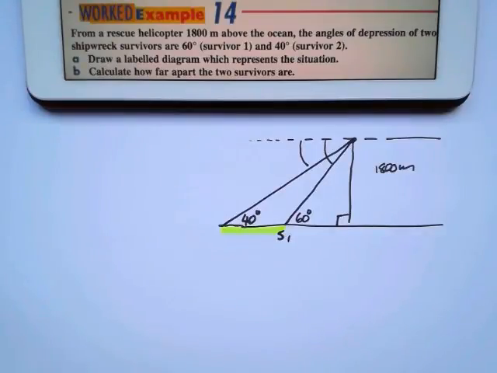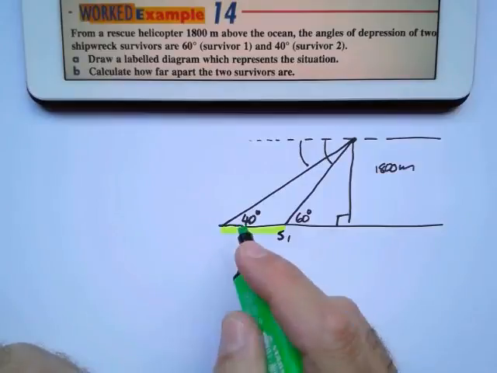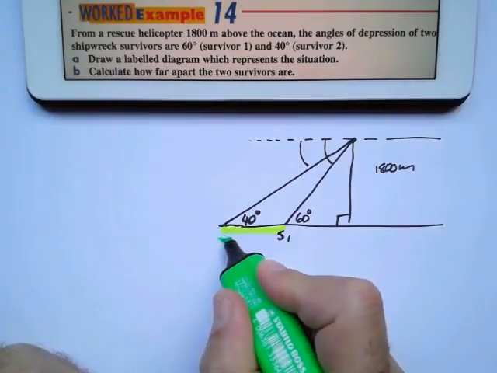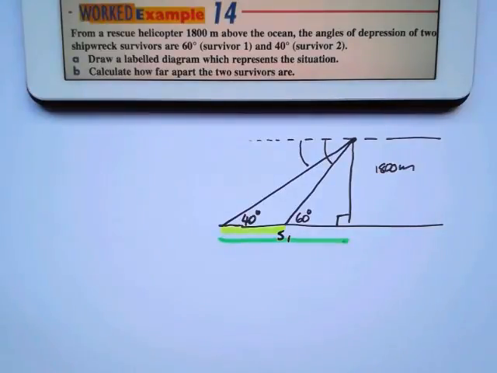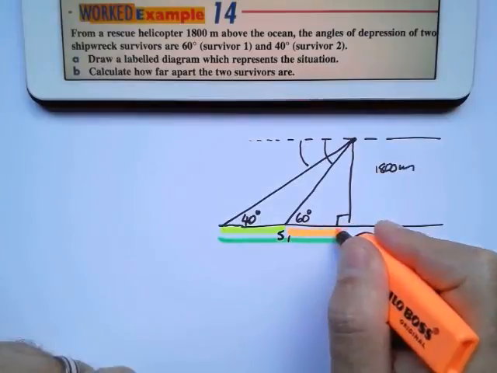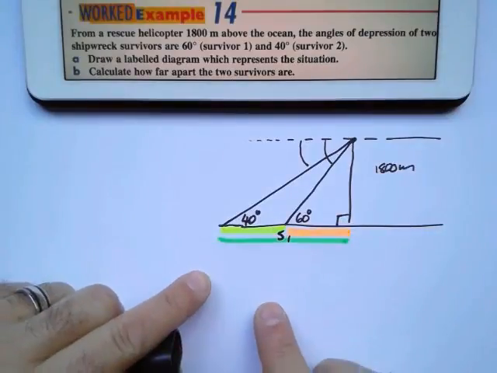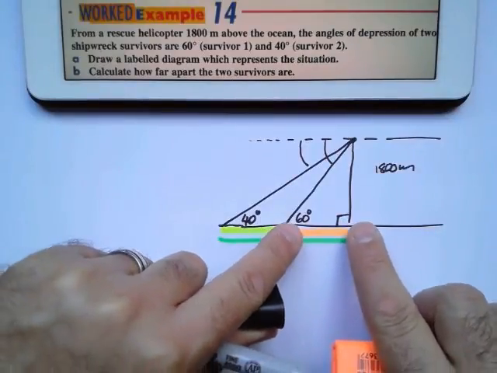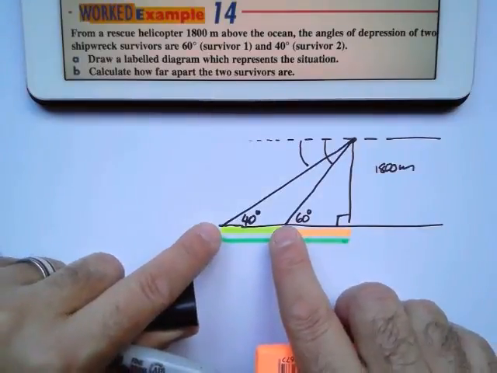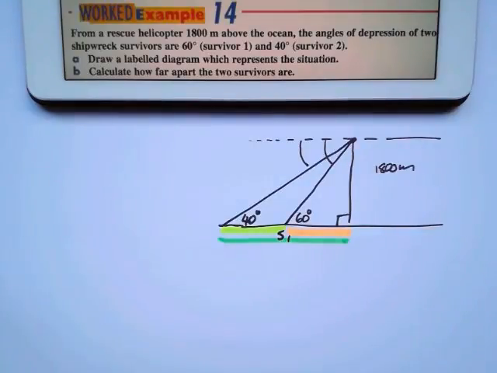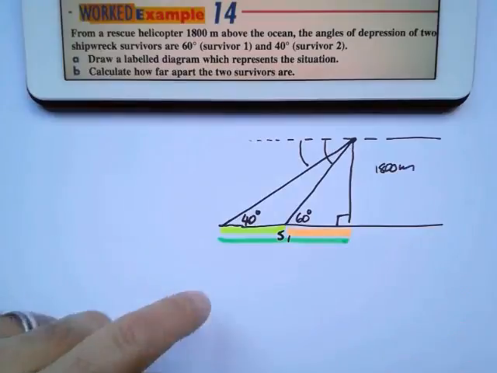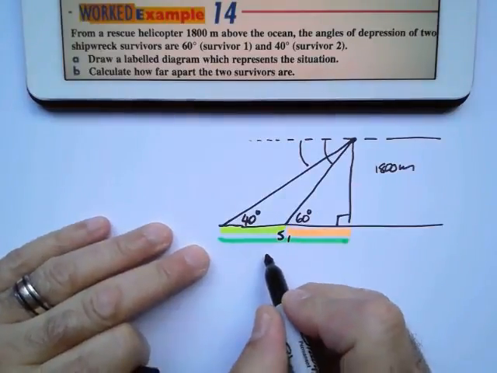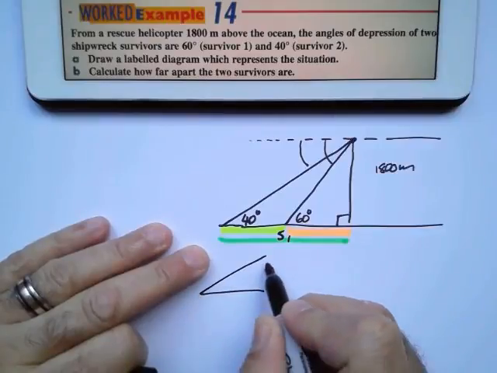So if I know what this distance is, and I take away this distance, then I'll be left with that distance. So this distance, take away this distance, will leave me with this distance. Okay, I can get the green distance because I can rewrite that as one triangle.